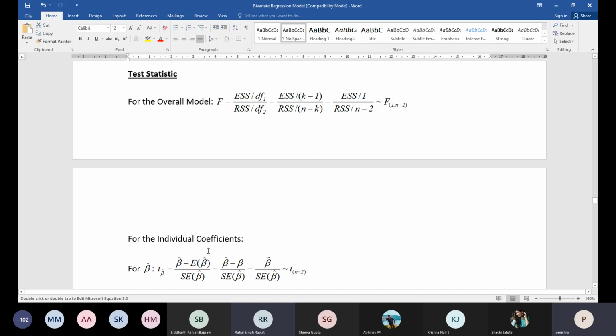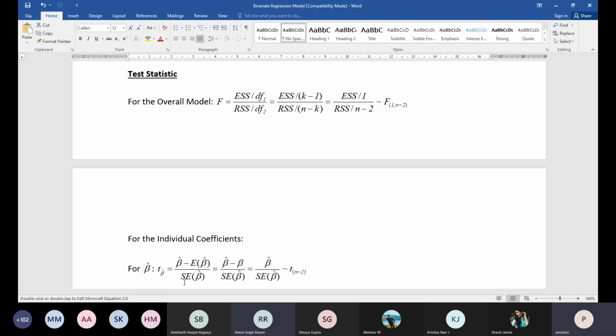Because essentially we are standardizing a normal variable. If we standardize a normal variable, it should ideally follow standard normal distribution.